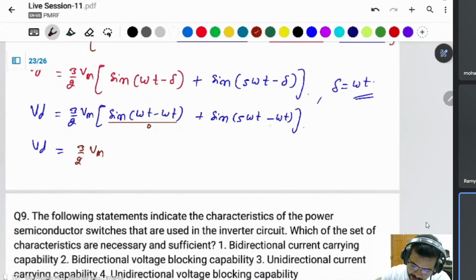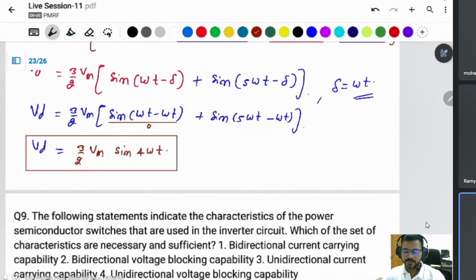But here some frequencies are there. This is not a pure DC if harmonics is included there. Then this will be a sin 4ωt. If the harmonics is there and the frequency of the rotating frame is not the same as the AC frequency of the three phase AC system, then there is some harmonics.